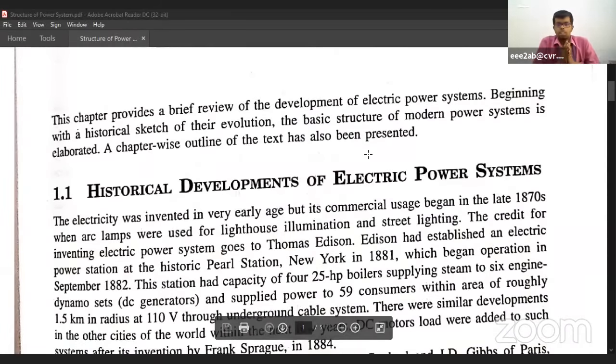So now I'm going to show you the structure of power system. Structure of power system.